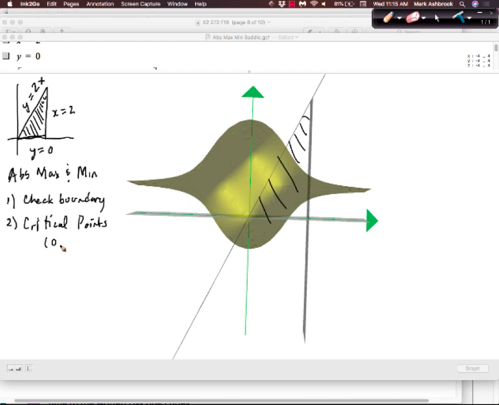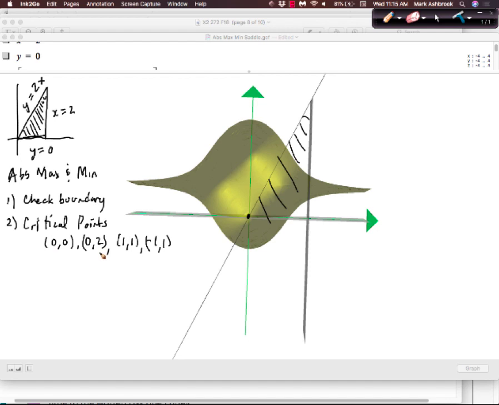We had 0, 0; 0, 2; 1, 1; and negative 1, 1. So do all of those fall in the region? What about 0, 0? We're going to consider that? Definitely, right? That's right there at that corner. That's good.